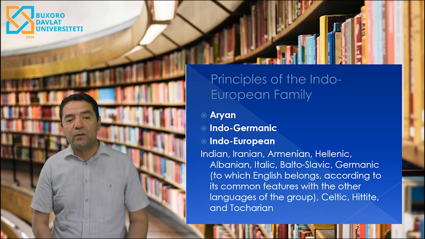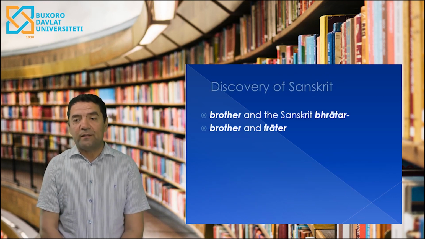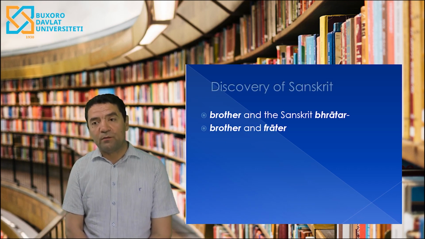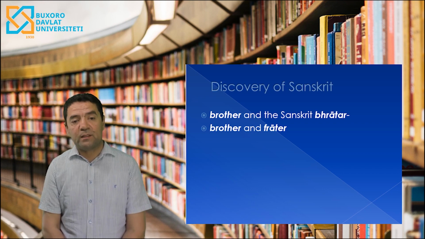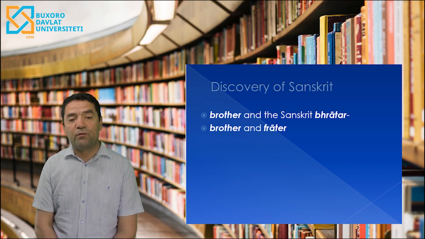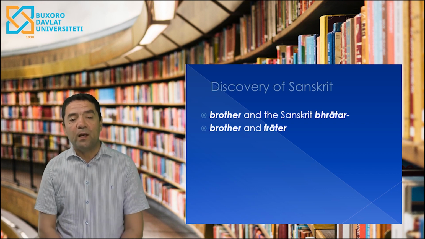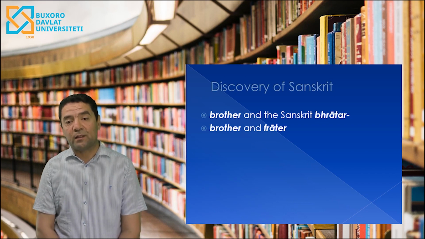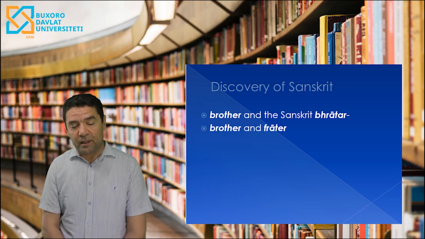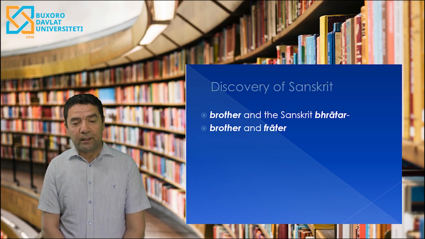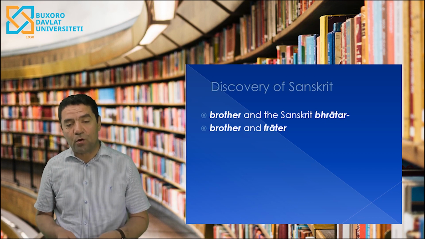We mentioned the proof that the languages spoken in Europe had something in common with the languages spoken in Asia. For the lexical level, scientists give the example of correspondence between brother and Sanskrit bhrata, brother and frater of the other European languages, which prove that they have something in common.